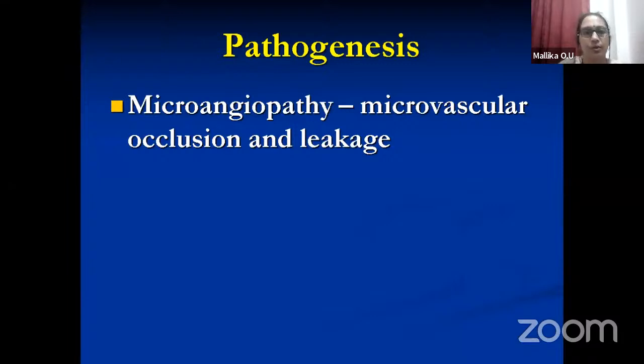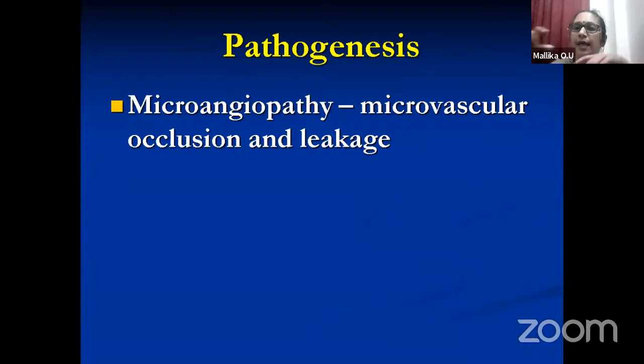Both have autoregulation. So what is happening is a microangiopathy which leads on to microvascular occlusion and leakage. In each retinal blood vessel, the endothelium has support from the pericytes. So in the first stage, there is a loss of pericytes.